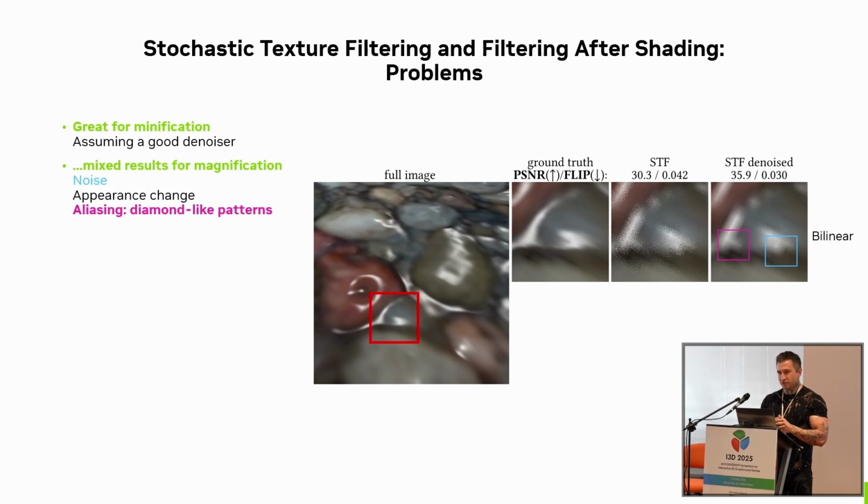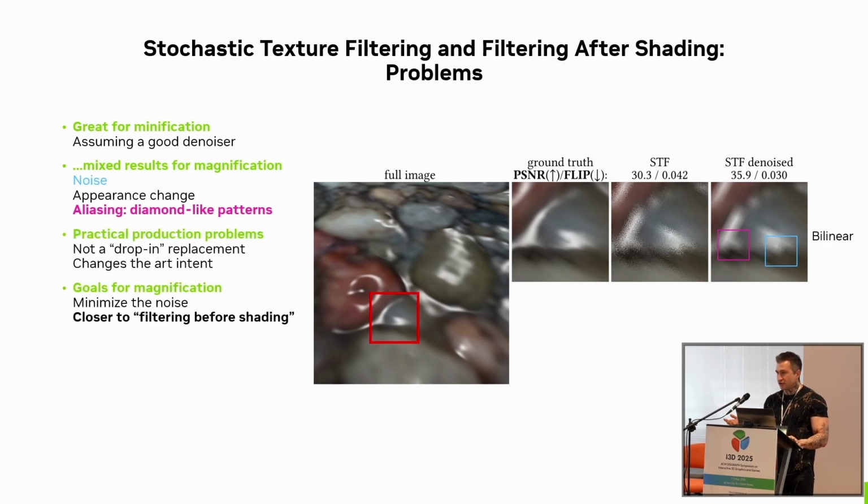And also, because now we are performing filtering at a different resolution, there is an effect of aliasing, which is visible in the screenshot by these kind of ugly, bilinear, diamond-like artifacts, which don't look anything like the ground truth. And this was a problem in practice, meaning that neural texture compression and stochastic texture filtering is not an easy drop-in replacement for existing texture compression methods. It changes the appearance and it changes the art intent.